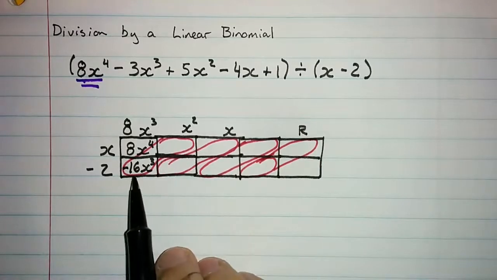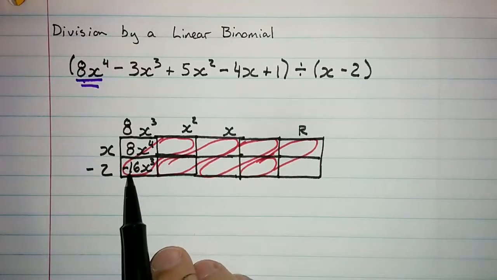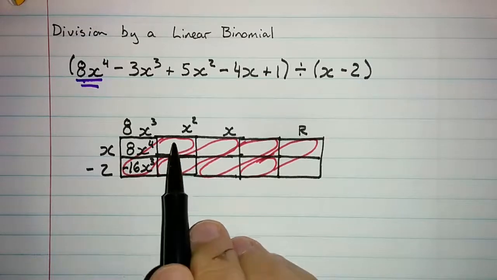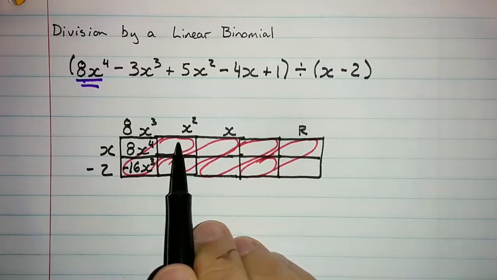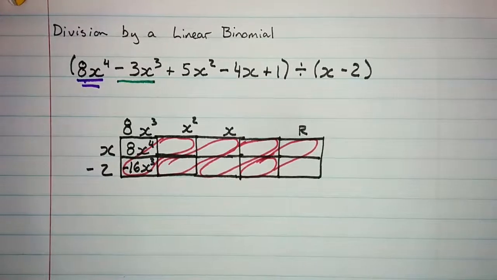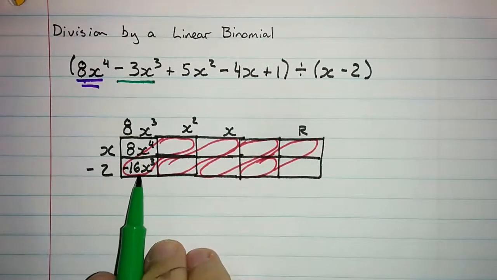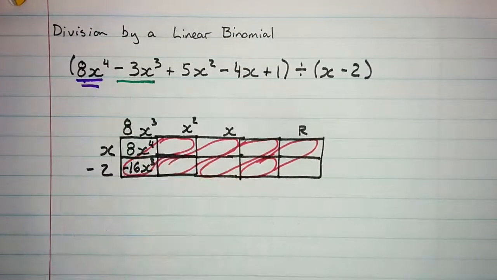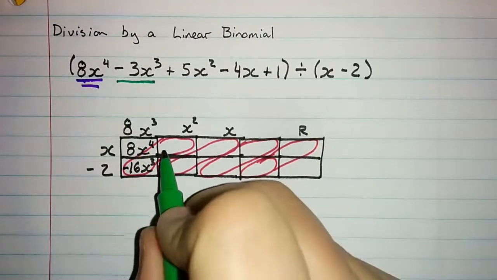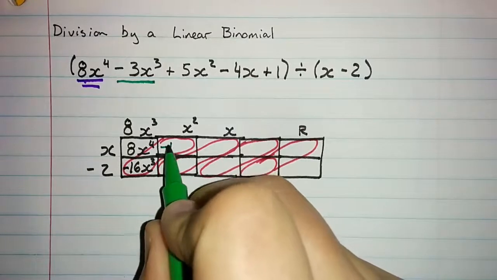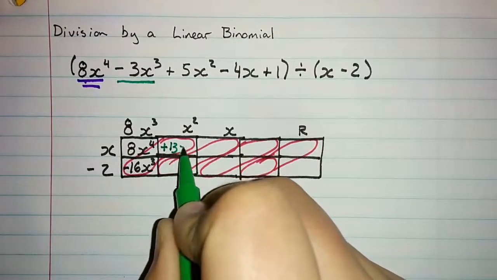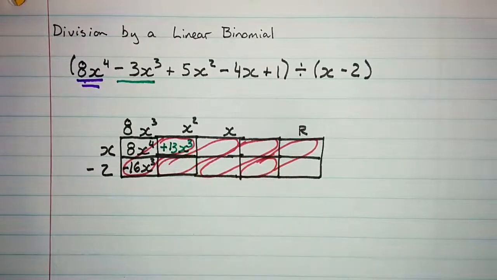My x cubed term has to be negative 16x cubed plus whatever this is. And it needs to add up to negative 3x cubed. Negative 16x cubed plus what gives me negative 3x cubed? It must be positive 13x cubed.